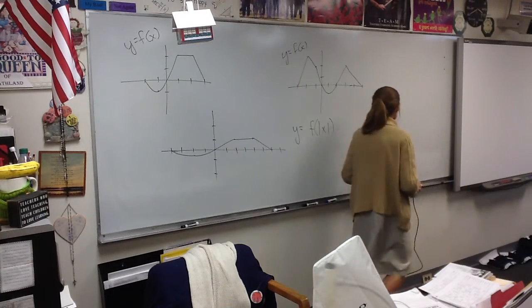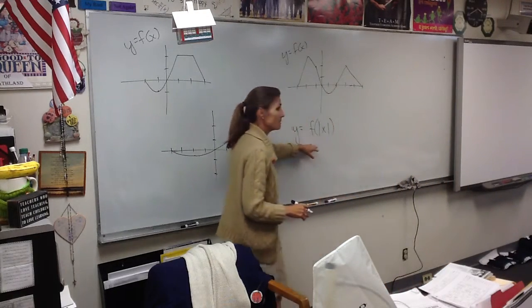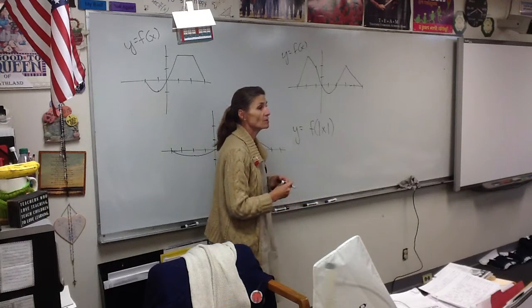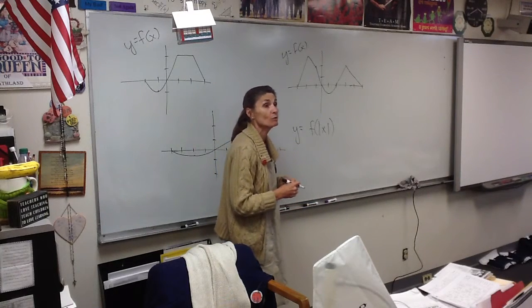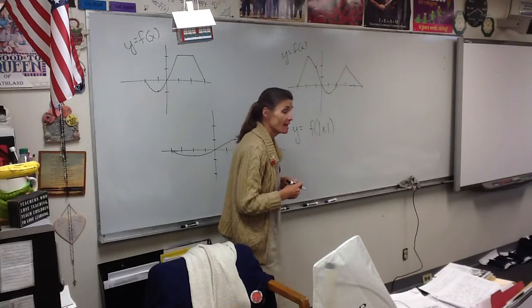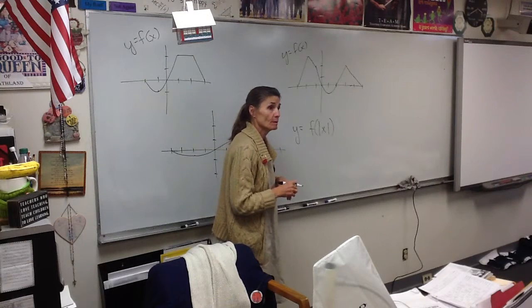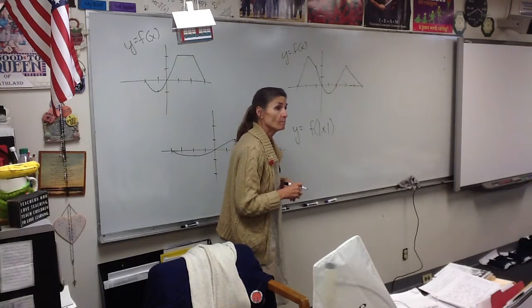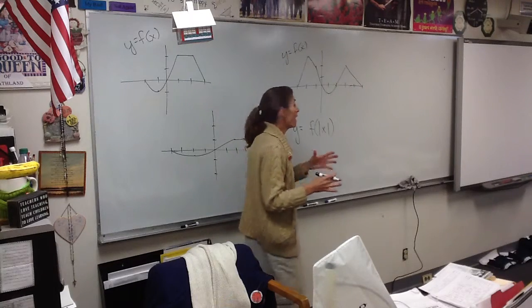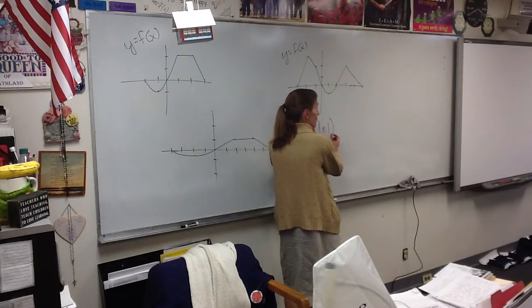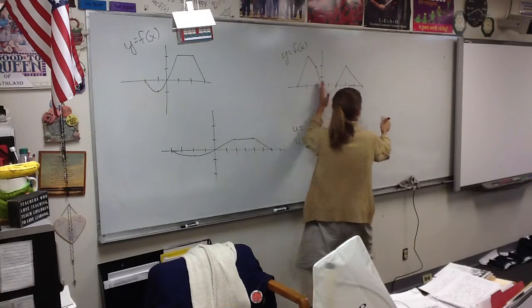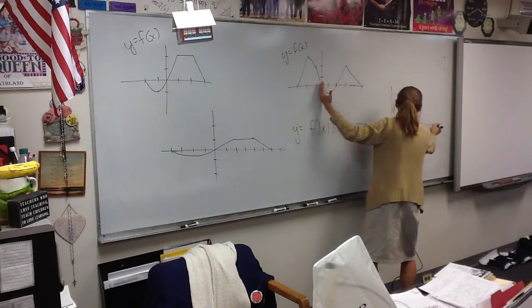I tried to explain this, and I guess I didn't do a very good job. Can somebody tell me what's going to happen here? What happens when you take the absolute value of just x? Dan? You just use all the positive x's and put it on the other side. Well, yeah, all the positive. You're taking the absolute value of x. So if you have a positive x, nothing is changing.